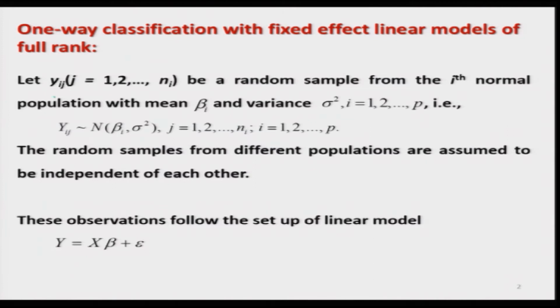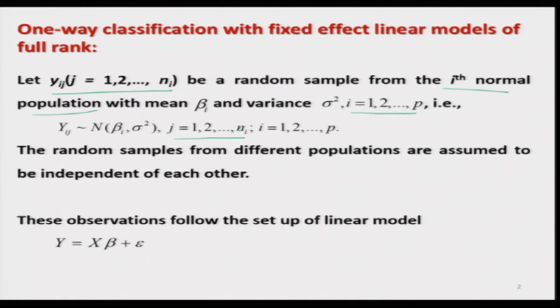So y i j indicates the random sample from the ith normal population. i goes from 1 to p, and j takes the values 1 to n i. That means we get the first sample of size n 1 from the normal population with mean beta 1, then the second sample of size n 2 from the second population with mean beta 2, and so on.